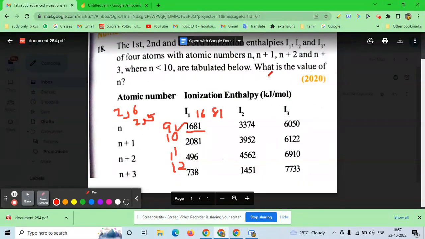For 9, it is 1s2, 2s2, 2p5. If it is going to lose an electron, 1s2, 2s2, 2p4 it will become here.